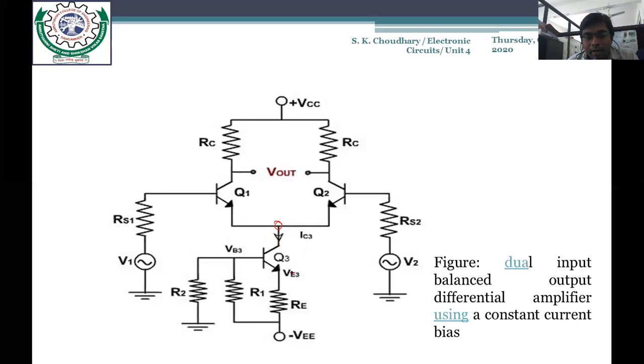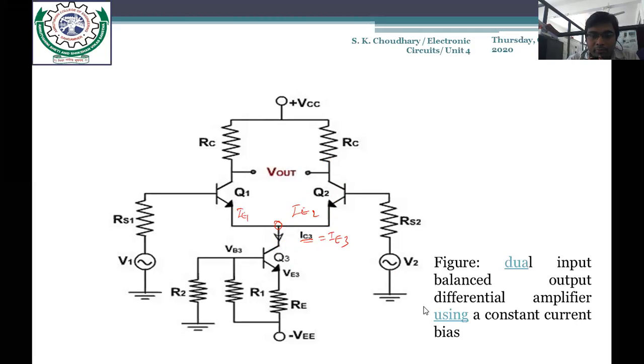So whatever the value of IC3, which is equivalent to IE3, it is a combination of the currents flowing through Q1 and Q2. You can consider IE1 and IE2 both to be equal, and each would be half of the current IC3.